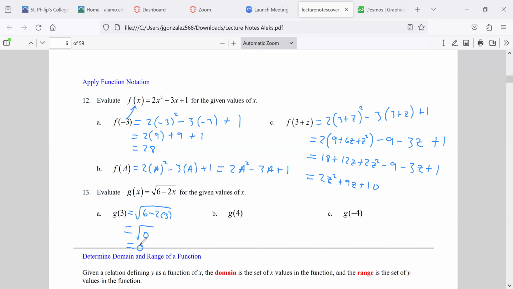If you end up with something negative inside after you do an input, then you would say not defined or not real. Yeah, like this one, right? Plug in 4, what do you get? You see the issue?